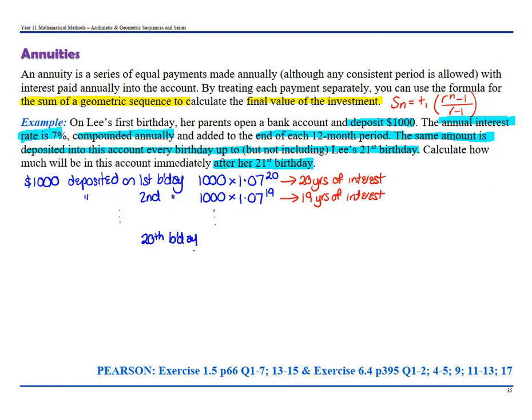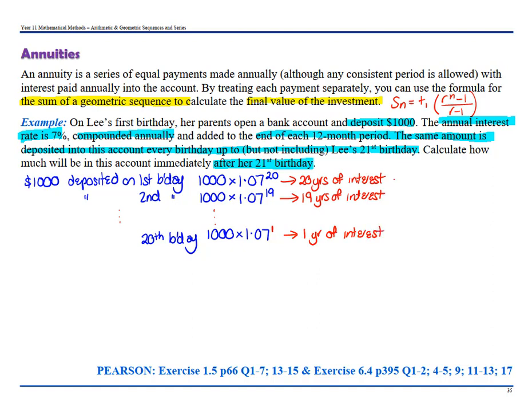So for the 20th birthday, we're going to have 1,000 times by 1.07, and we're only going to have that amount. It's not going to get anything more, or you can think about it as being 1 year of interest.